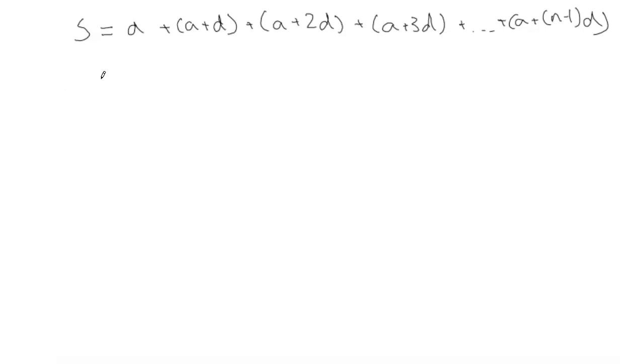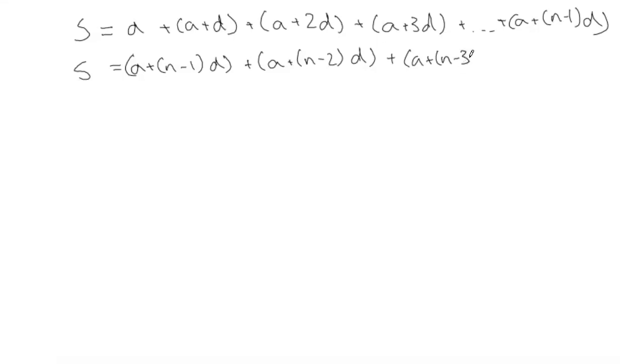So if you want to see how it's done, well, write it backwards. S equals A plus (N minus 1)D, A plus (N minus 2)D, plus A plus (N minus 3)D, plus all the way to A. So add both of these together.